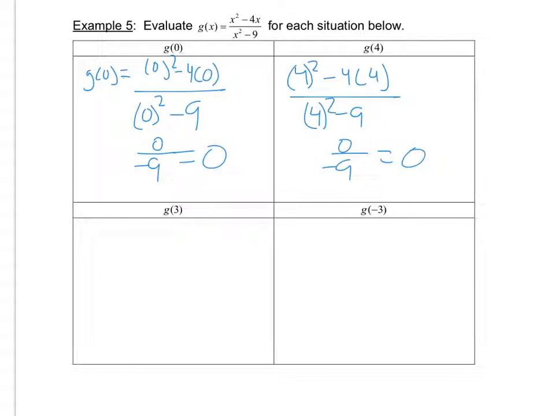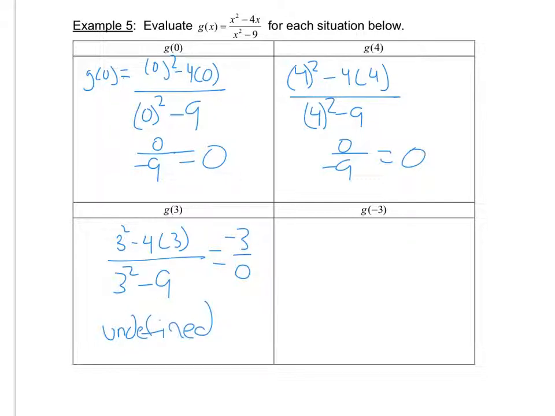So plug in the 3. 3 squared minus 4 times 3 over 3 squared minus 9. This one you get 9 minus 12, negative 3 over 0, not good, undefined. Okay? Plug in negative 3.